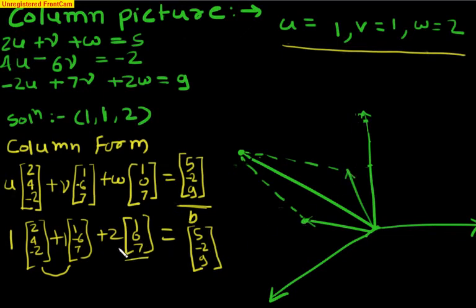After adding these we will get the final result vector, 5, minus 2, 9. Here I will write down 5, minus 2, 9. I have added these two: 2 plus 1 is equal to 3, then 4 minus 6 is minus 2, and after that 5.